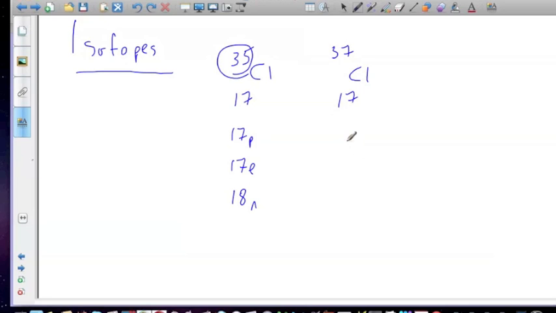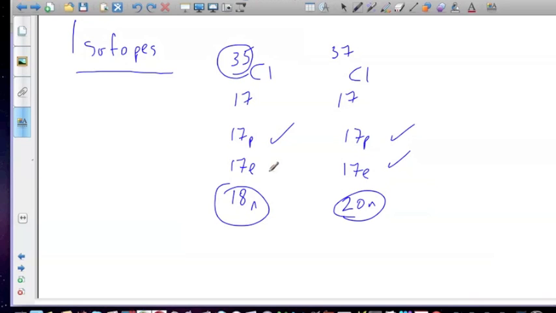This one here, however, has 17 protons, 17 electrons, and 20 neutrons. Aha! So they're different in mass. The electrons and the protons are exactly the same. Their chemistry is exactly the same. The chemistry is to do with the outer electrons and the attraction to the nucleus. So it's exactly the same. The only difference is the mass number, and therefore the mass is the only physical difference.